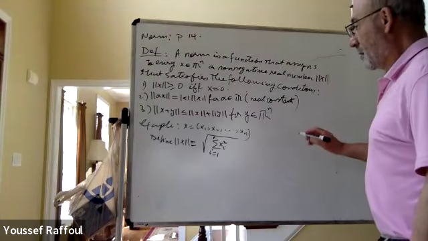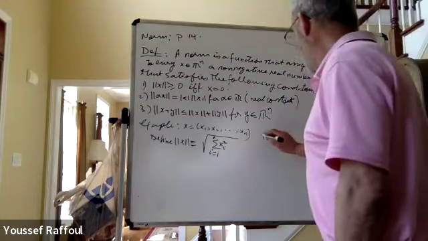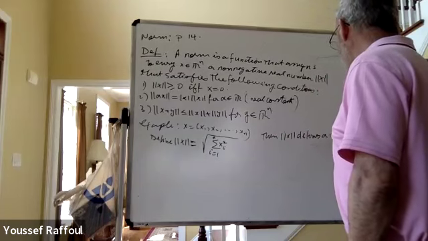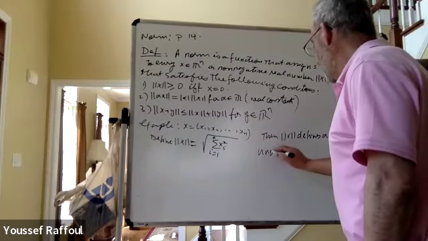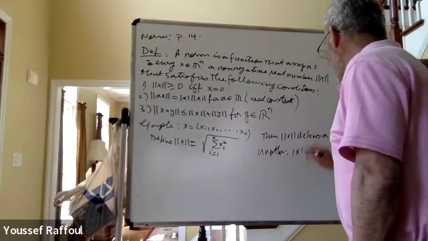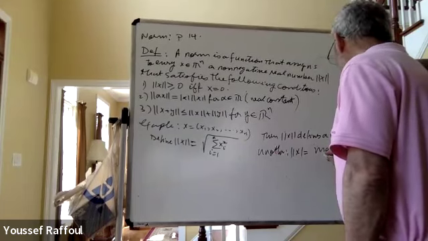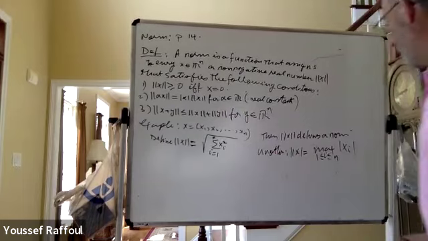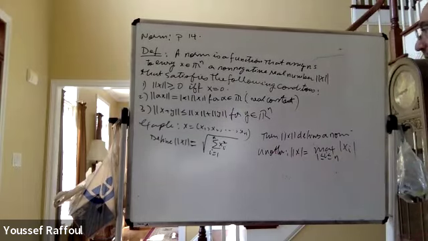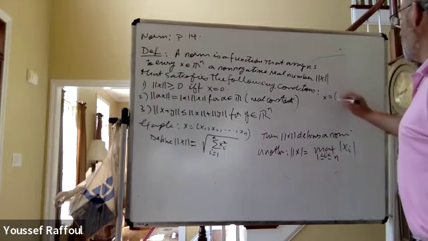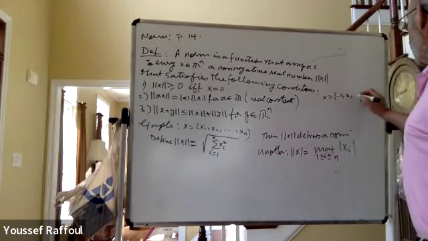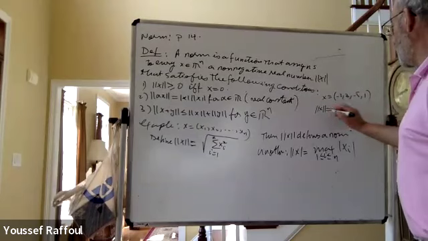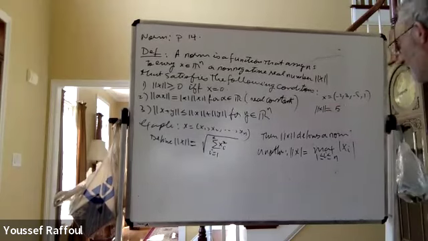Another one: if I take the norm of x to be the maximum of i between 1 and n of the absolute value of xi, you take the maximum of all the values. For example, if you have x equal to -2, 3, -5, and 1, then under this norm, the norm of x is 5.